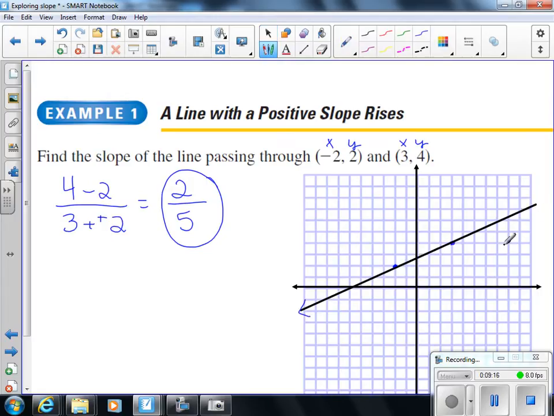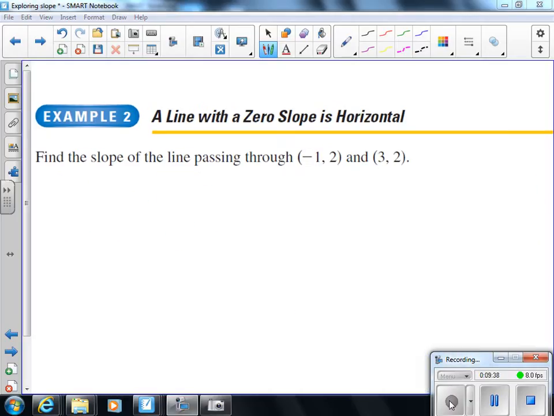Let's put our arrows because they go on, and I go up 2 over 5. So that is my slope. My rise over the run, or I can do the change in y over change in x. Okay, that's all we're working on today: finding the slope of a line if you're given 2 points.